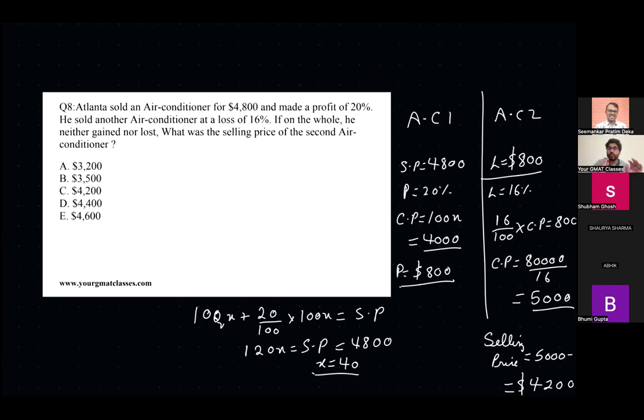If you're getting profit of 20% in one and loss of 16% in second, you will end up making 4%. If the profit and loss percent is different, then cost price cannot be the same because you're neither gaining nor losing. That's given in the question. If it would have been 4,000 for both, you will never reach the scenario where you make neither profit nor loss. You will make 4% profit because 20 minus 16. But that we can only do if the cost prices are same.